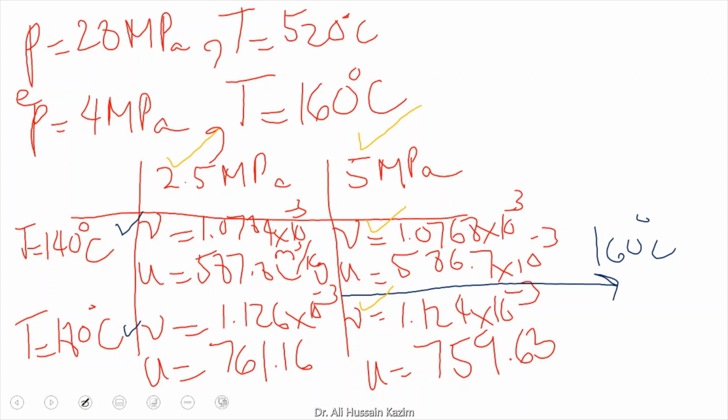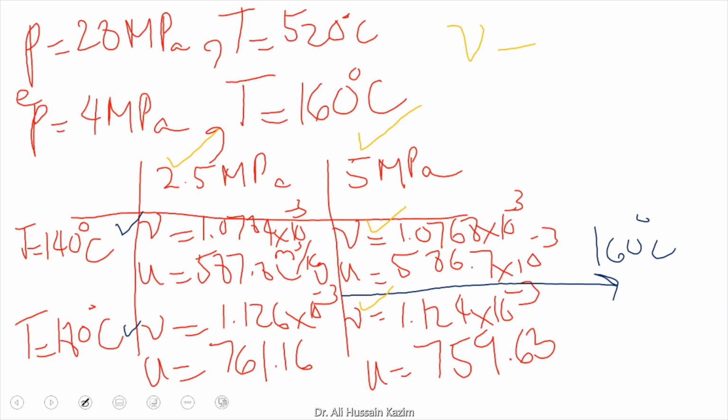Once we obtain the specific volumes at 2.5 and 5 megapascal, then we can interpolate for the pressure. So how will we obtain the specific volume for the pressure? Let's say this is the unknown value V that we have to find.